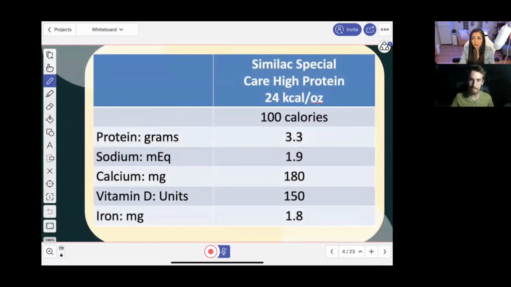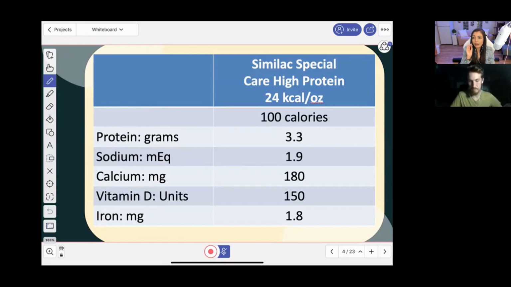We are also going to be using our Similac Special Care High Protein formula, the 24 kcal per ounce formula. As we have the actual chart on here, remember you can always look this up on the Similac website.